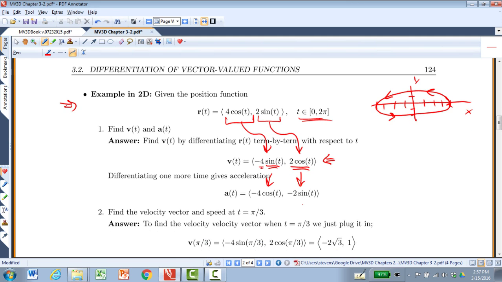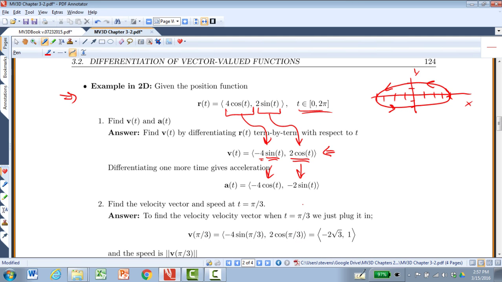So here's what I want to do so you can see how this works geometrically. Suppose I pick a time t equals pi over 3. If I think about t equaling pi over 3, my position at pi over 3 is 4 cos pi over 3, 2 sine pi over 3, right?